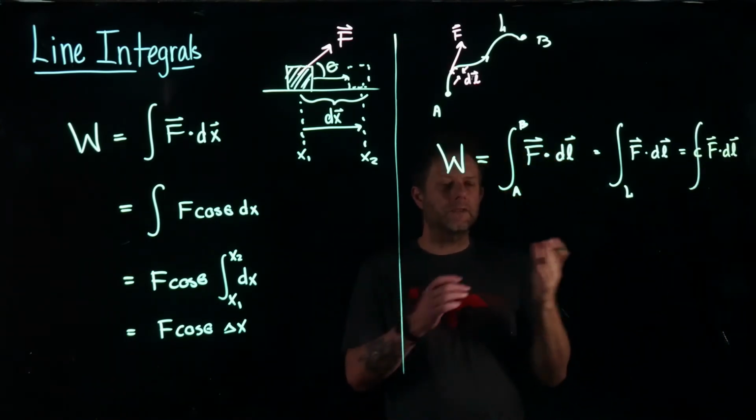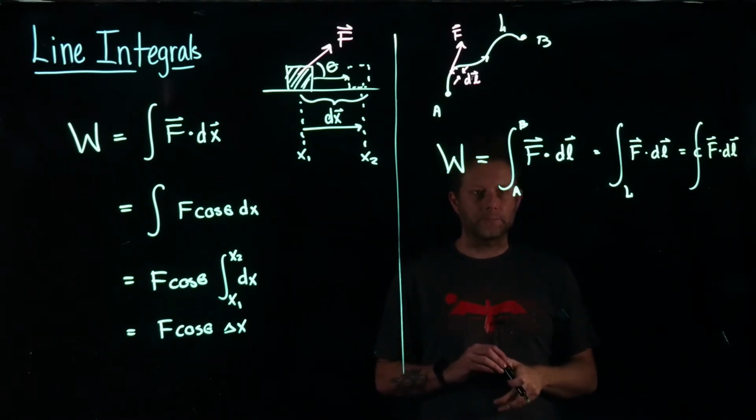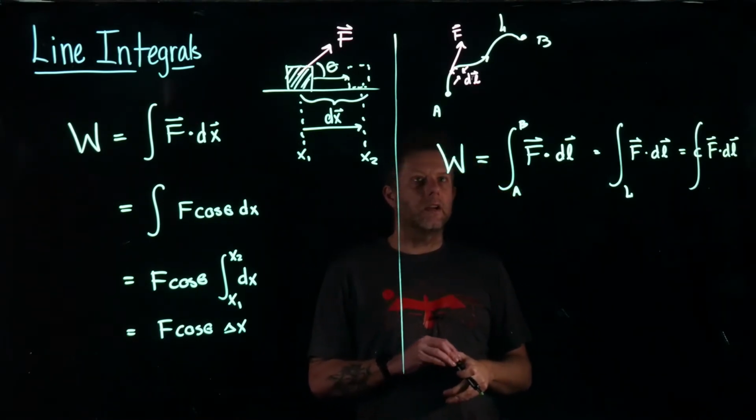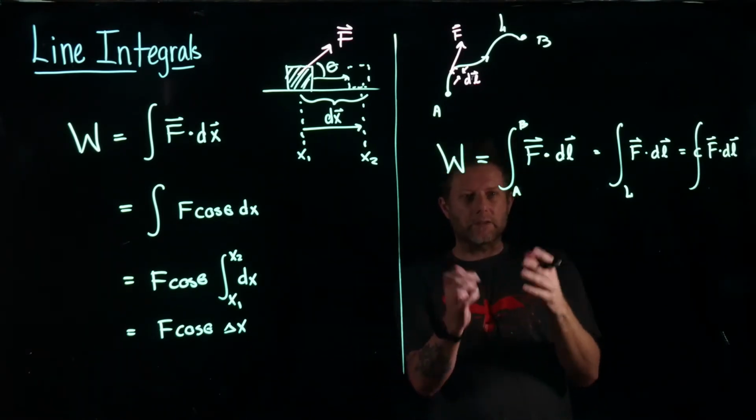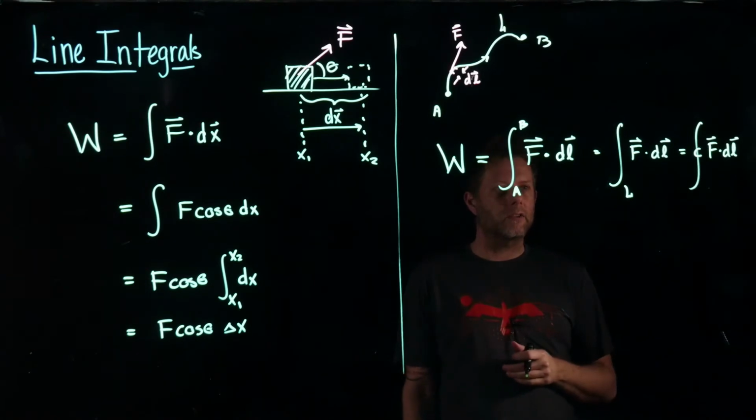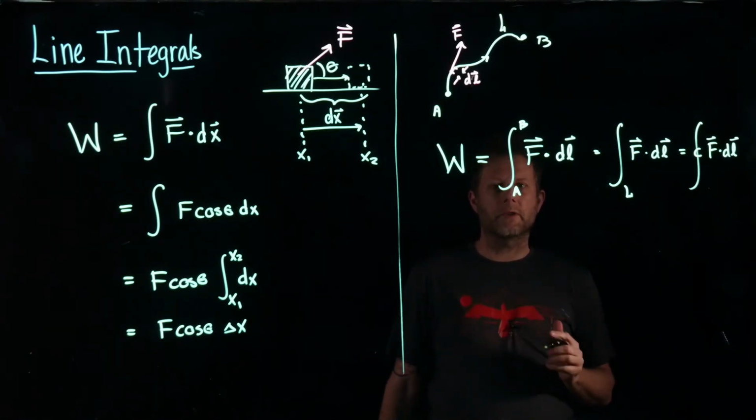So different notations for the same thing. So this is great. Again, we may not exactly know how to integrate with vectors, so we have to find out how to convert this into something we know.